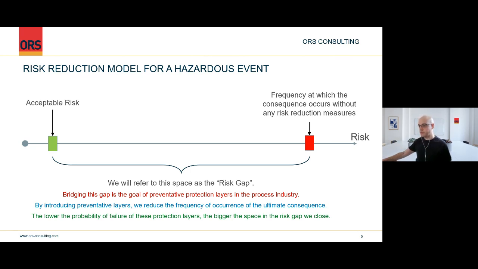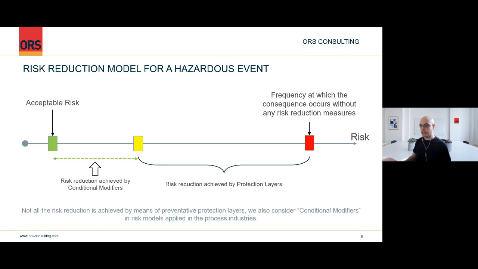Now, not all the risk reduction is achieved by means of preventative protection layers. We also consider condition modifiers in these models, right? So you don't have to cover all the risk gap with preventative protection layers if you can. You can also consider that maybe people are not present in the facility all the time.